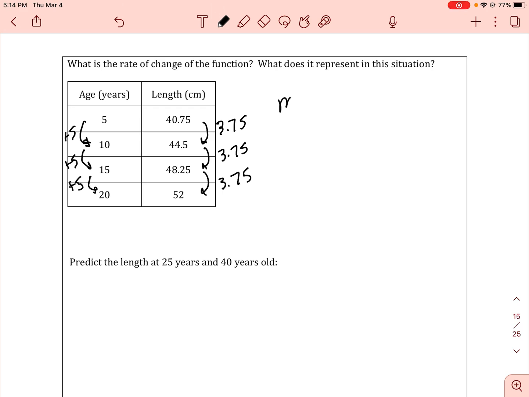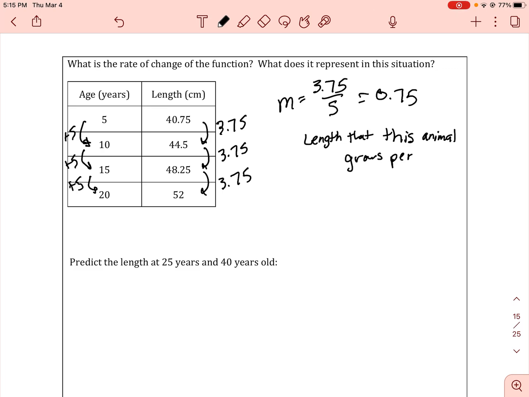So my rate of change of this function is 3.75 divided by 5, and that equals 0.75. Now that represents the length that this animal grows. And it grows because it's a positive rate of change per year.